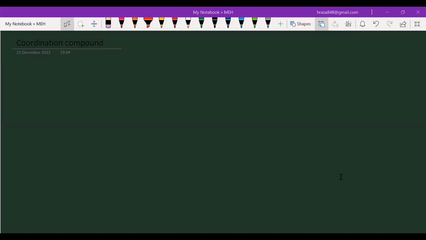Now I'm going to share the new slide for the next chapter that we are going to do, which is coordination compound. Can you see the new screen? Yes, sir.